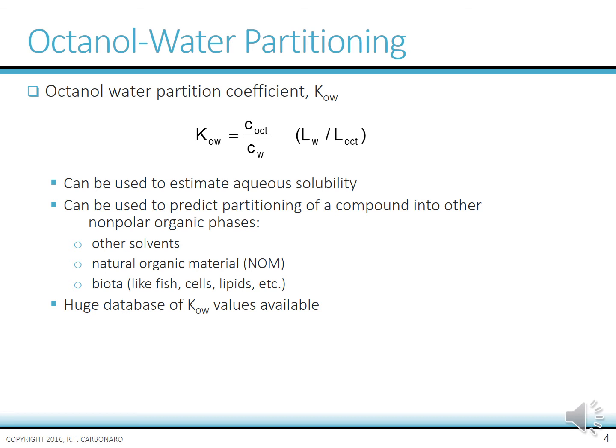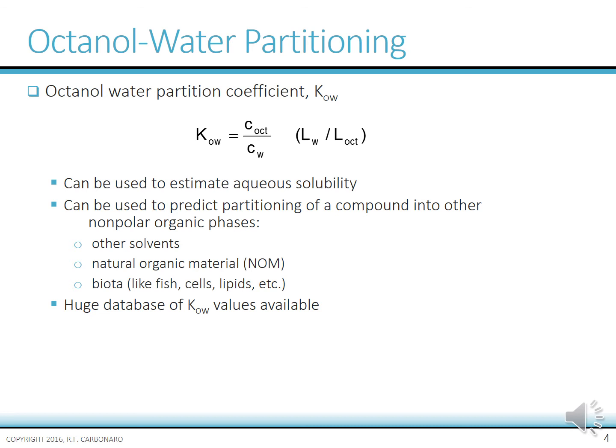Since KOW is a ratio, a fraction where the concentrations in both the numerator and denominator have the same units, KOW is essentially dimensionless. But in reality, we do remember that it has a different basis for the volumes that we're talking about.